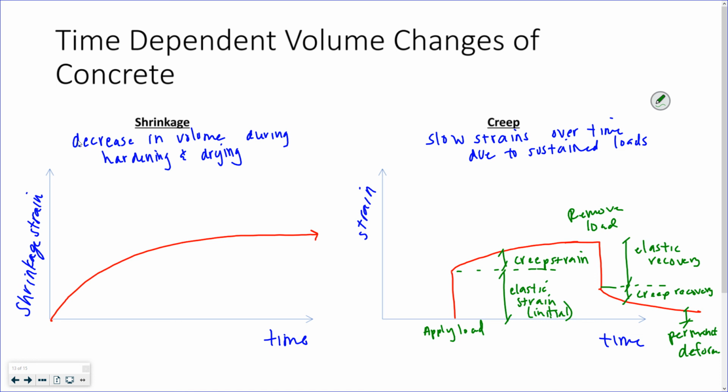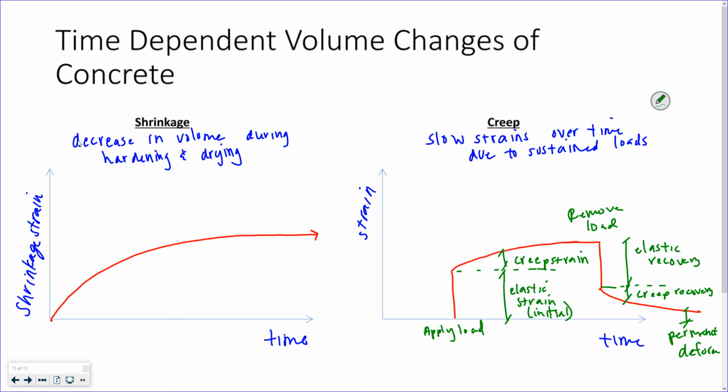So, 2 different types of time-dependent volume changes. One, due to the material itself shrinking, so that's material dependent. And then creep, that's load dependent. And I guess based on the material, but not the material by itself.